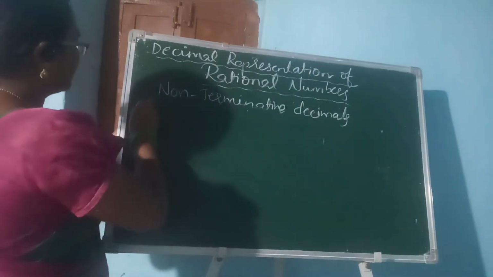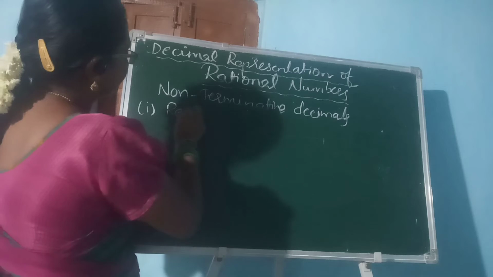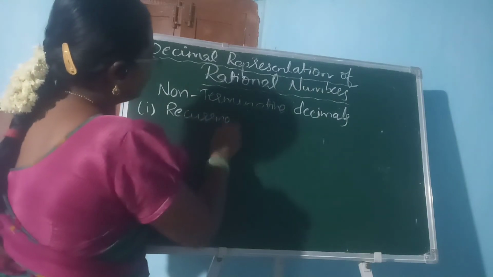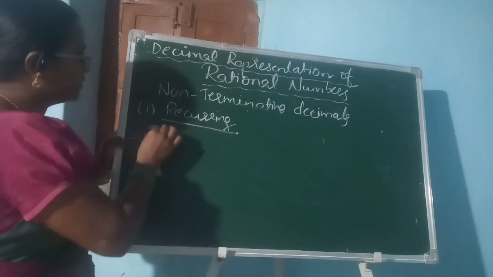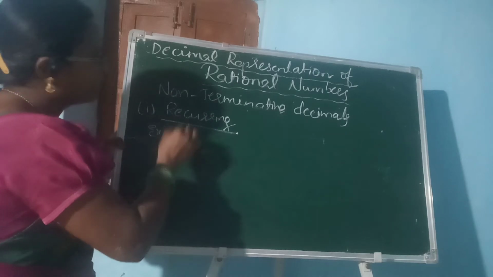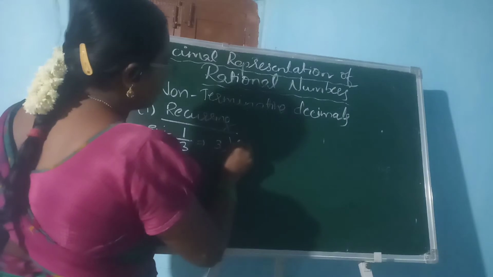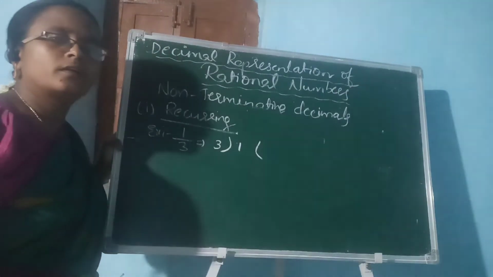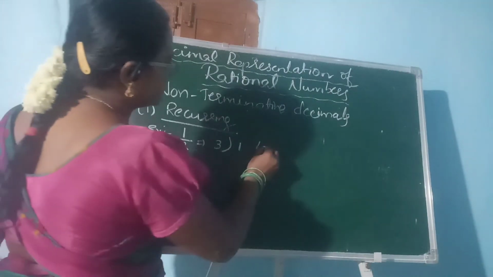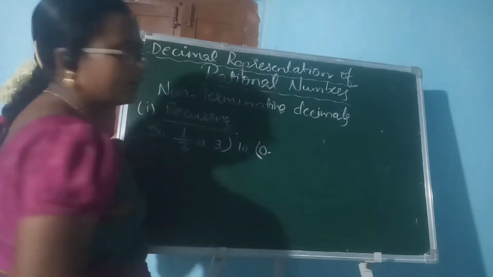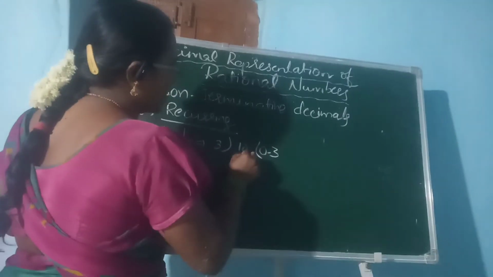Among these, I'll take the first one, recurring. I'll give an example for this: 1/3. Make the division of this. It becomes 3 into 1. Again, go for the decimal point. 0 here, keep it 10 here. 3 3s are 9.